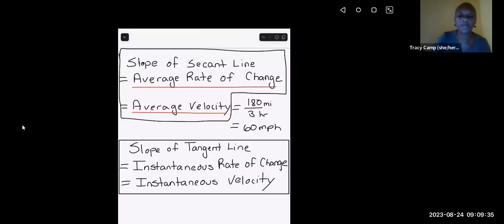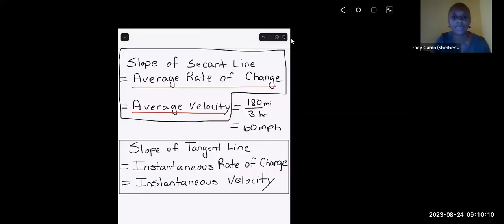Maybe I was driving 30 miles per hour at some point, definitely in order to get up to the 60, or maybe not, since we could have started in the middle of my drive. But my point is that instantaneous velocity can give me my velocity at any point during my drive. Any time during my drive, I can get what my actual velocity is at that moment. And that's the slope of the tangent line.